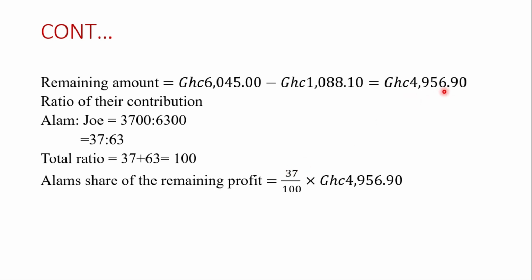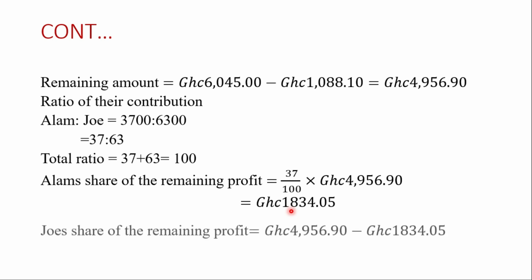So here the remaining amount they are going to share now is 4,956.90 Ghana cedis. So we pick 37, which is Alam's contribution, all over the total ratio multiplied by that amount. We are going to get 1,834.05 Ghana cedis as Alam's share of the remaining profit.